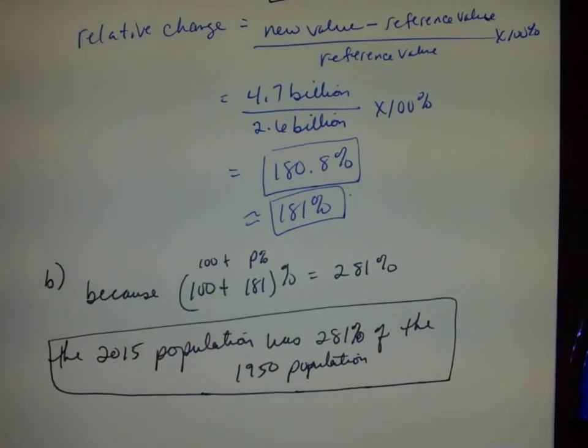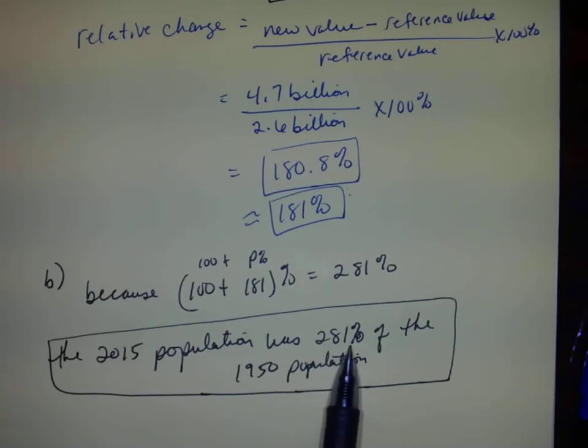Now we could also talk about the fact that if we take this off a percent and change it to a decimal, we could say that the 2015 population was 2.81 times the 1950 population. So we could also state that.